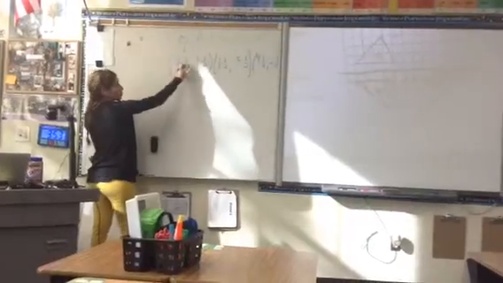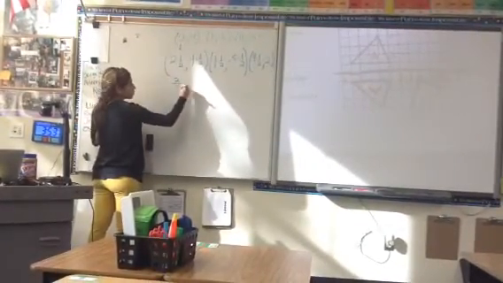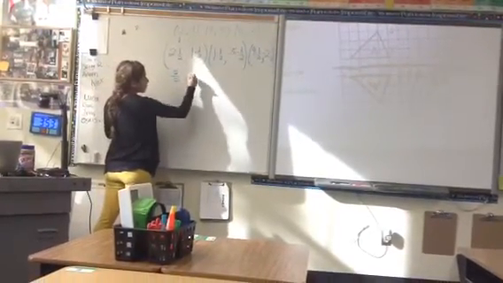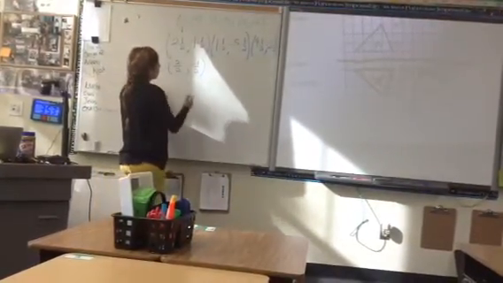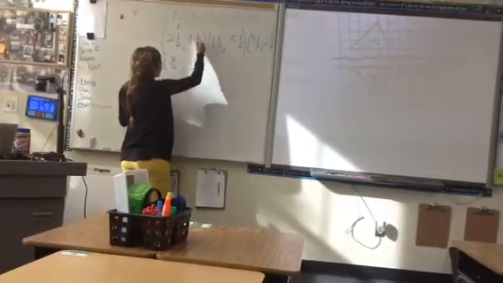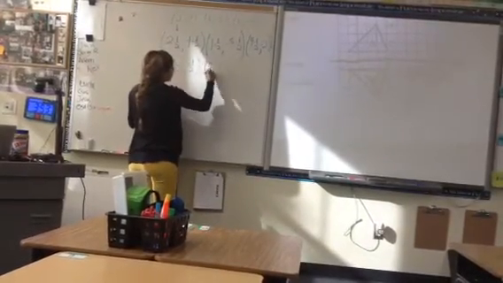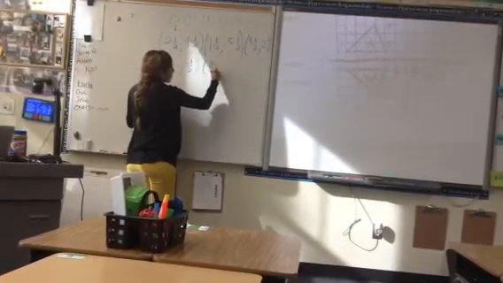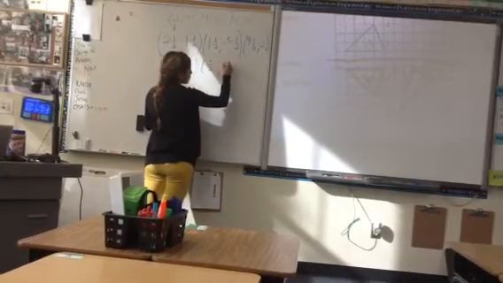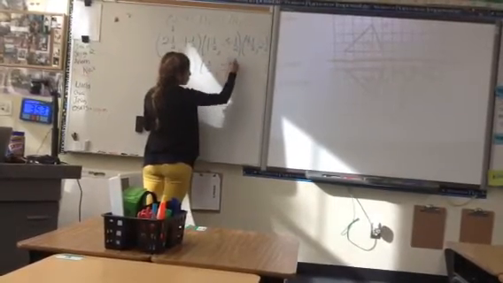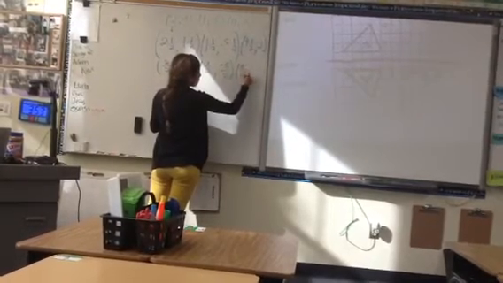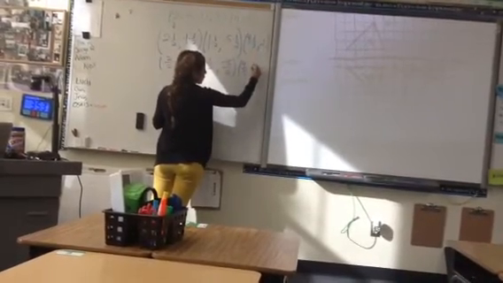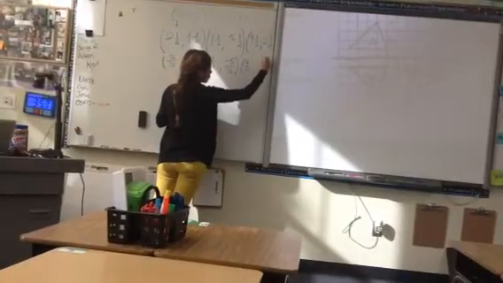So 2 times 1 is 2 over 2. Negative 1 times 1 is negative 1 over 2. And then 1 times 1 is 1 over 2. Negative 5 times 1 is negative 5 over 2. 4 times 1 is 4 over 2. Negative 2 times 1 is negative 2 over 2.